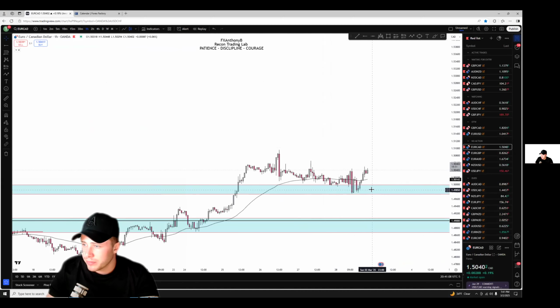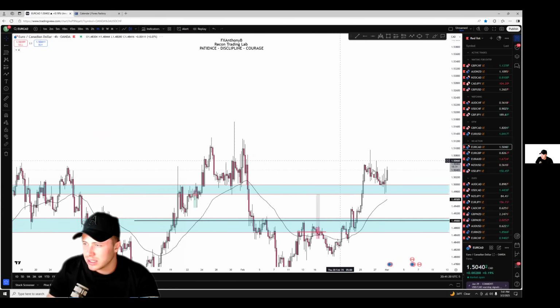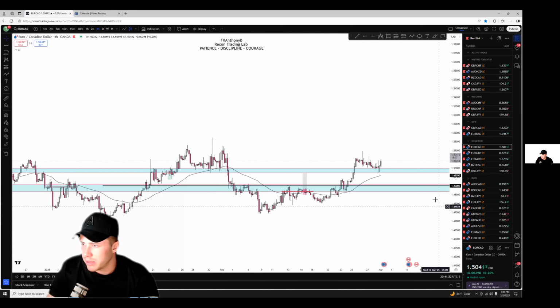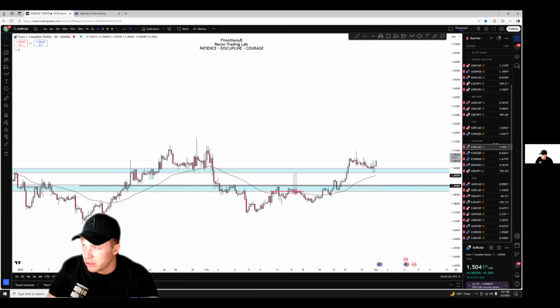There's an inverted head and shoulders there. You could take it on the retest and then buy to there, but there's just nothing really to base off of it. There's not enough patterns. There's not enough structure. It's too spaced out. There's more pretty trades out there.